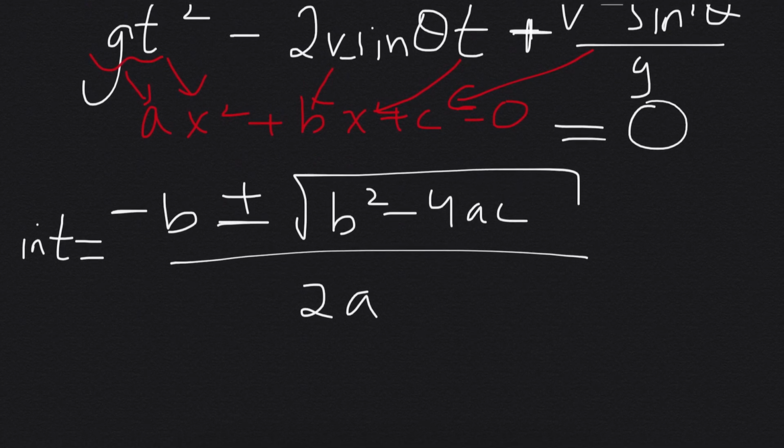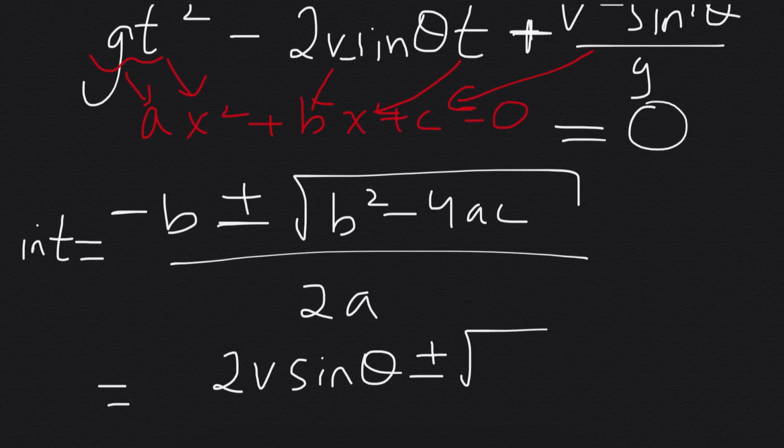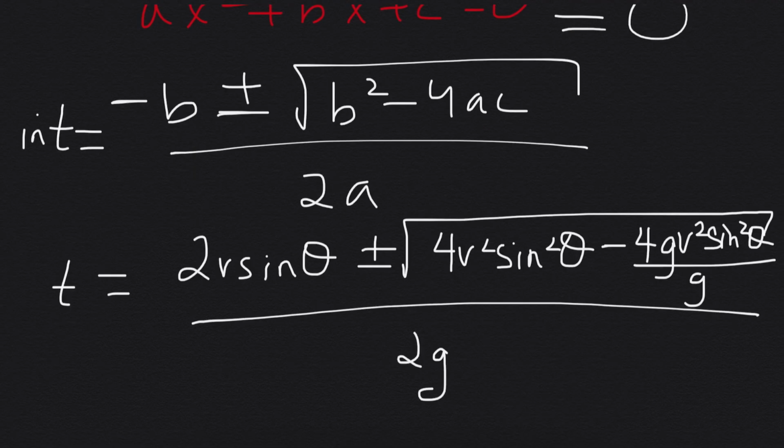So a is just going to be, okay, so b is actually the real tough one over here. So minus of minus b, so the minuses go away, 2v sine of theta. Don't include the t as x, remember, you don't include that. B is 2v sine theta, plus or minus, all right, so I managed to write down the whole thing. So t is equal to this very interesting quantity over here.